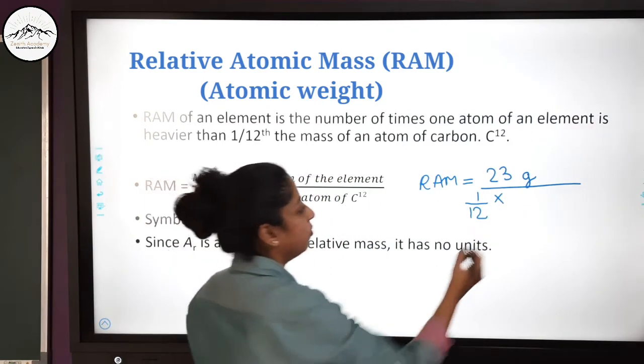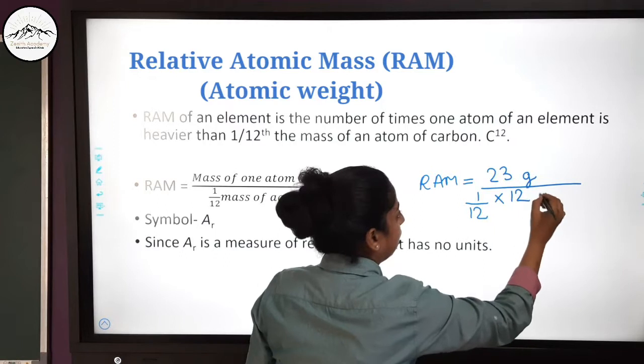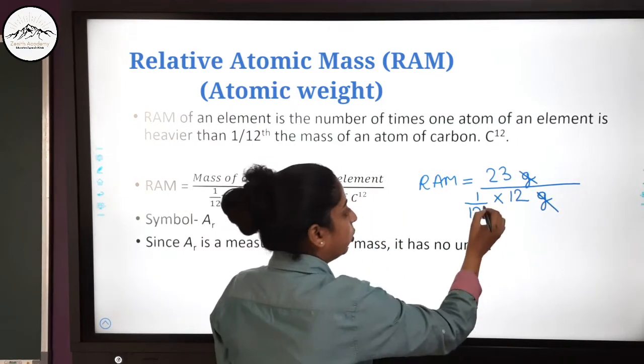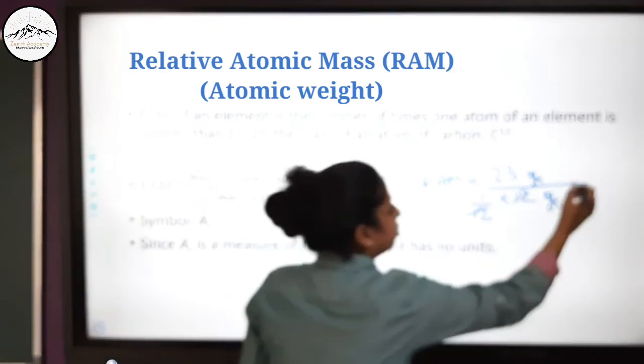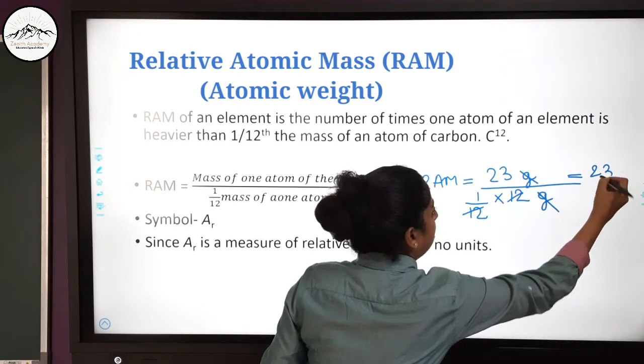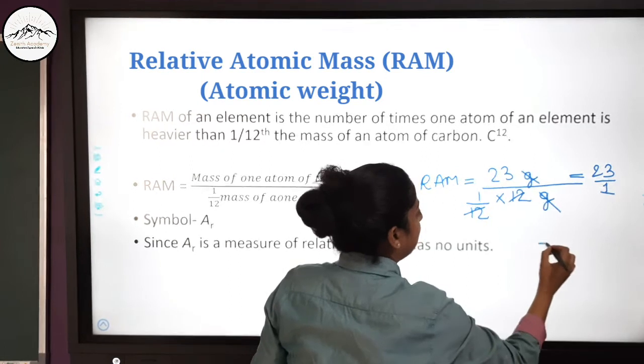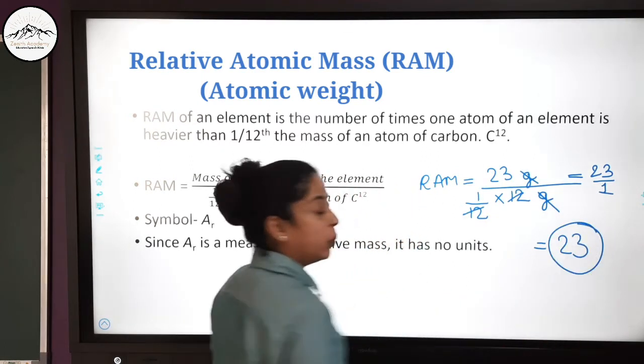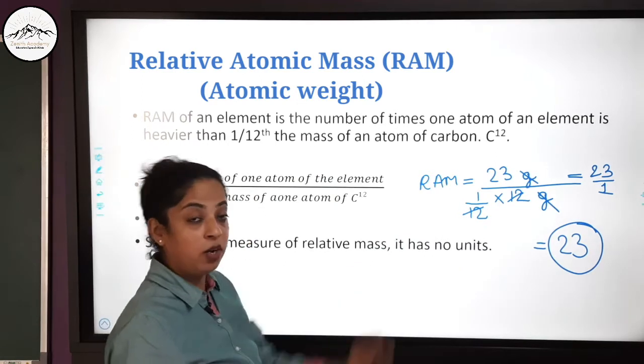One atom of carbon weighs 12 grams. So gram and gram get cancelled, 12 and 12 get cancelled. So this is 23 upon 1, or we can say that the relative atomic mass of sodium atom is 23. There are no units.